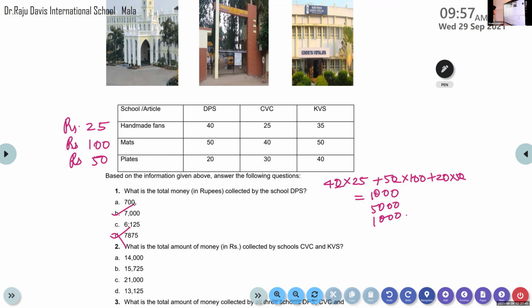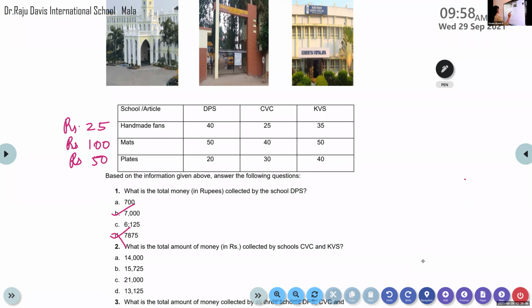This part you can easily score. Now look at the second one asked here. What is the total amount of money collected by CVC and KVS? You have to find the total money. You can add the total mats, or you can add the total fans, and then find the cost.